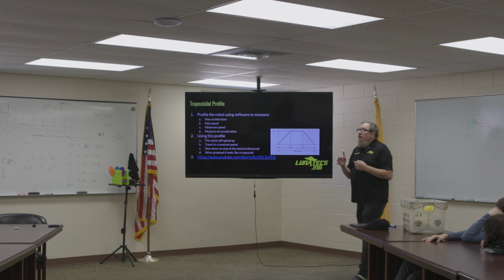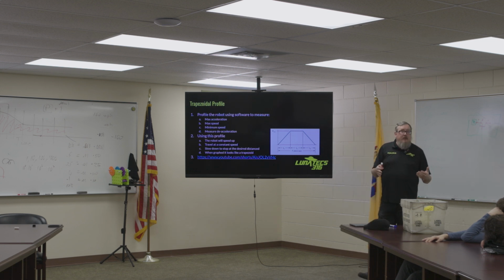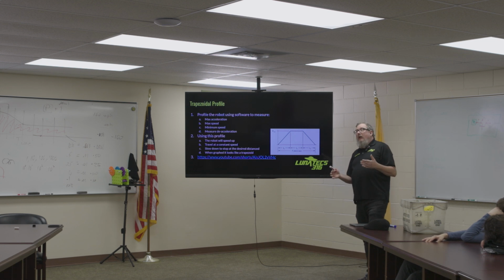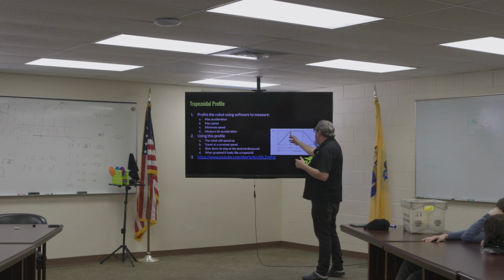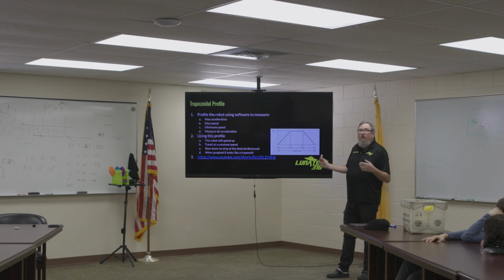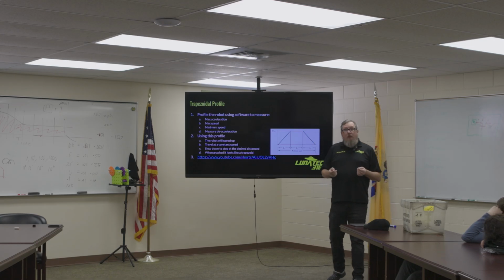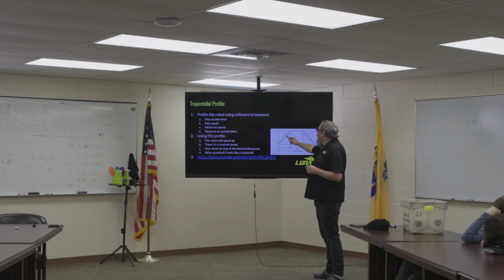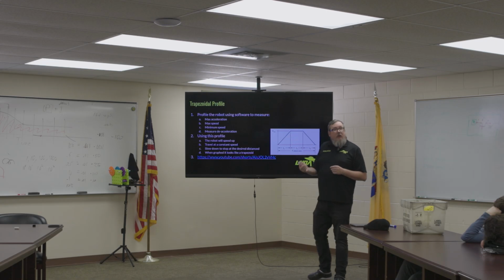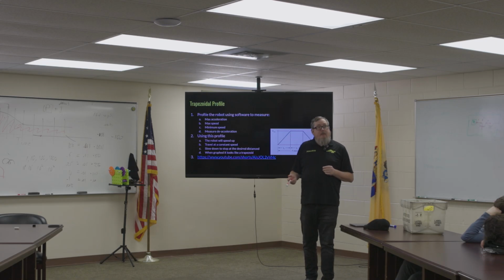Trapezoidal profile can be used for elevators. It can be used for motion of the robot as well. It can be used for any mechanism where you have an acceleration, a constant speed, and a deceleration. It's very similar to a PID loop, but instead of controlling the distance, the error that you're controlling is how quickly you are accelerating. So we can measure acceleration of a mechanism, right?